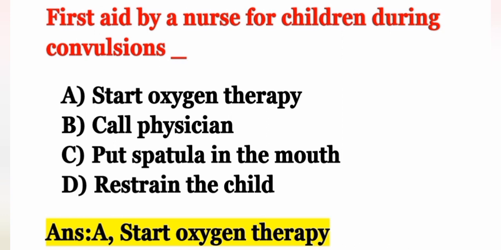This will help to drain the secretions. And the main thing, we should not restrain the child or the patient. Here in our options, start oxygen therapy, call physician, put spatula in the mouth, restrain the child. We should not restrain, we should not put anything in the mouth. We can give oxygen therapy first.